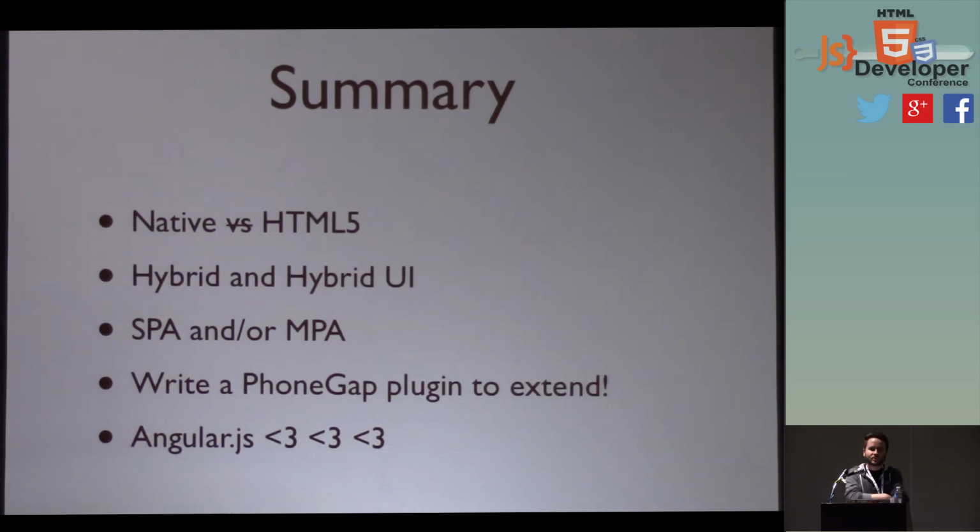More? Do you ever run into cross-origin request issues on hybrid, or do they not exist? Sorry, can you repeat? Cross-origin request issues, like you would with a browser. Do you run into that here or no? So the question is whether you run into cross-origin problems.